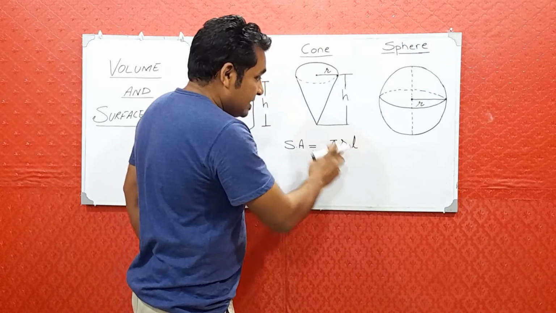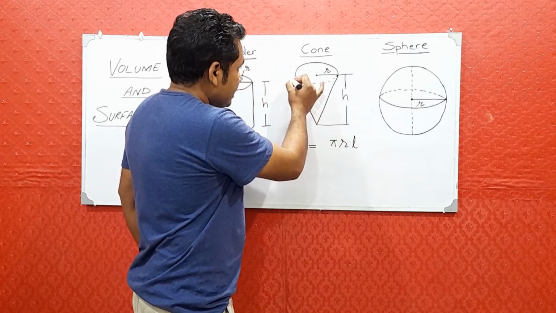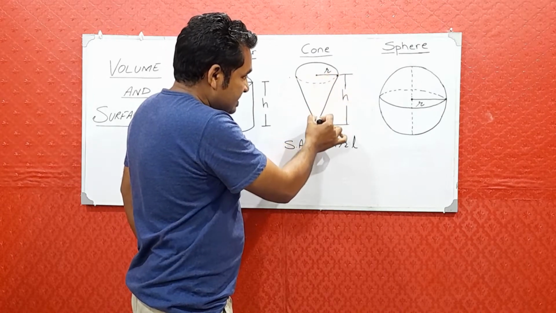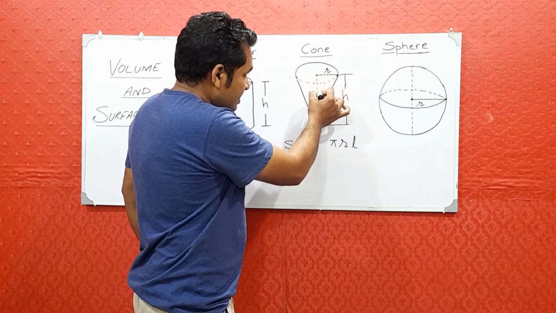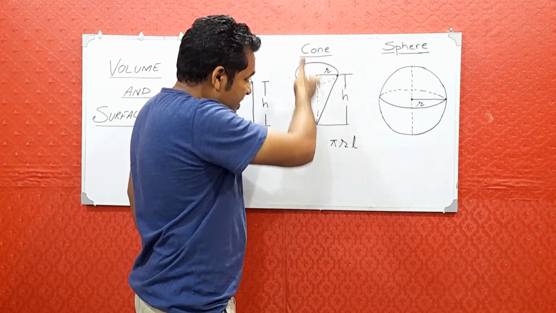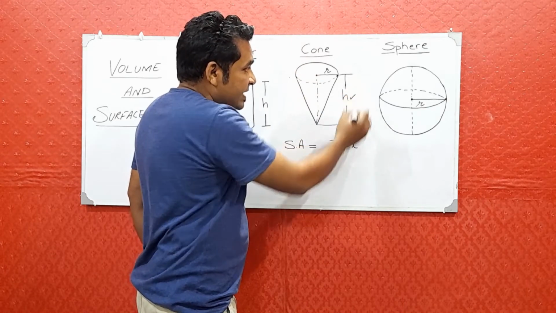What is r? r is the radius. What is l? That is the slant height. This one is from the center of the base to the apex. If we draw a straight vertical line, that is called the height, denoted by h.